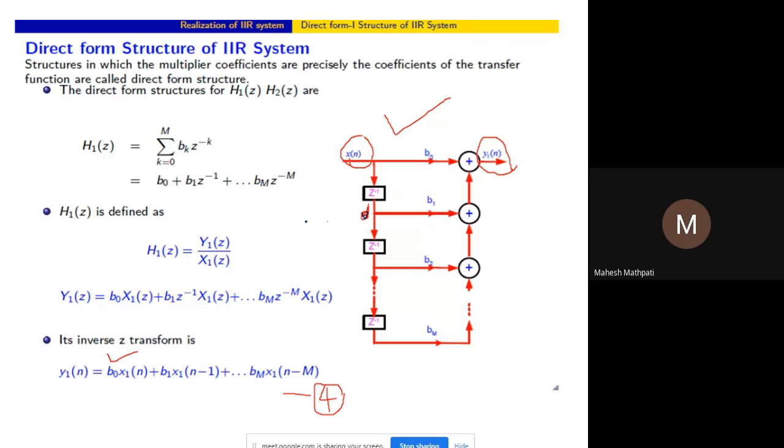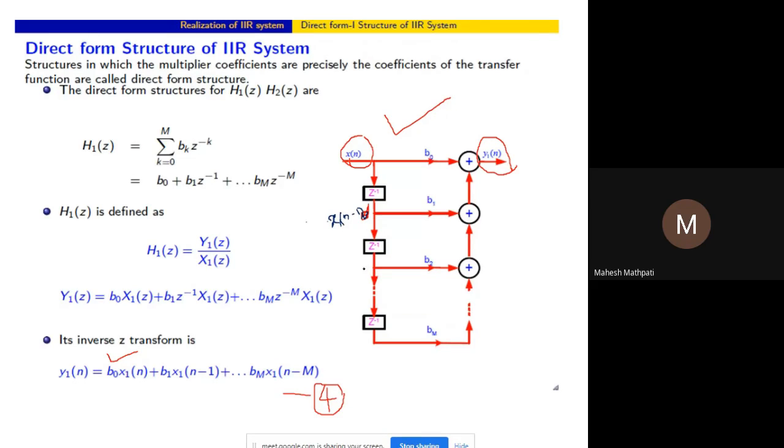So here I can write it as x1 of n minus 1. Now what comes here? That is b1 into x1 of n minus 1.